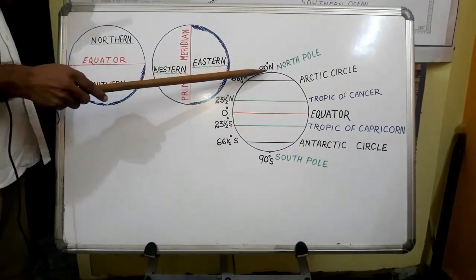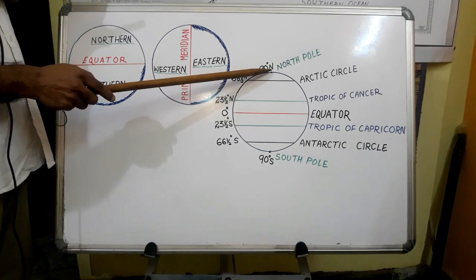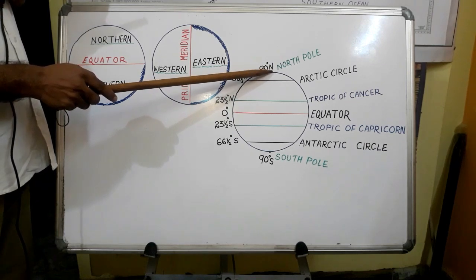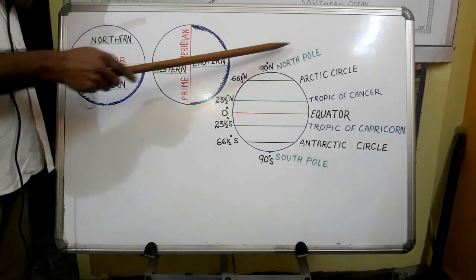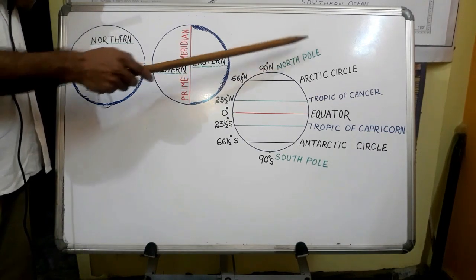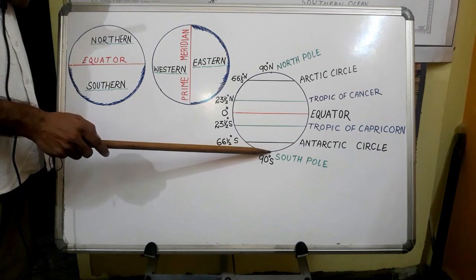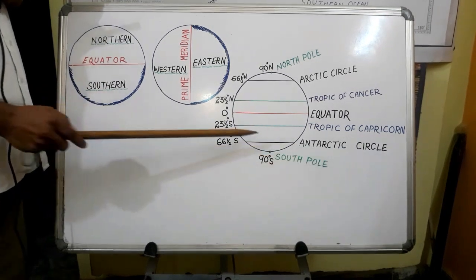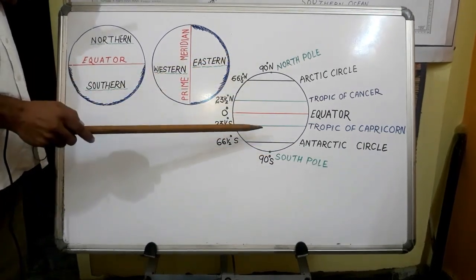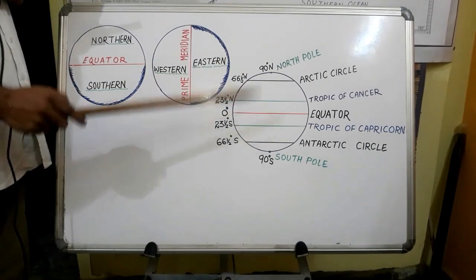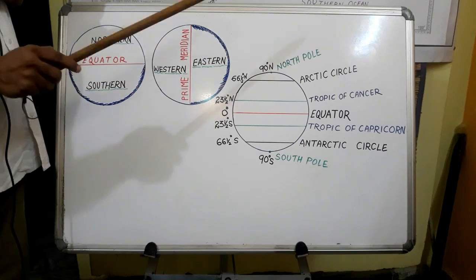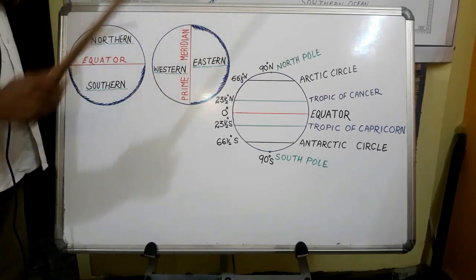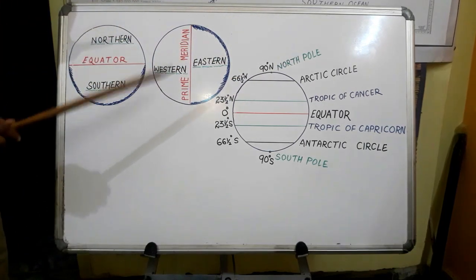Coming to the northernmost latitude, which has become almost a point or a dot, that is called the North Pole. 90 degrees north is the North Pole, whereas 90 degrees south is called the South Pole. These latitudes are going to be very helpful when we start the lecture on the world map. Okay, so those are the basics.